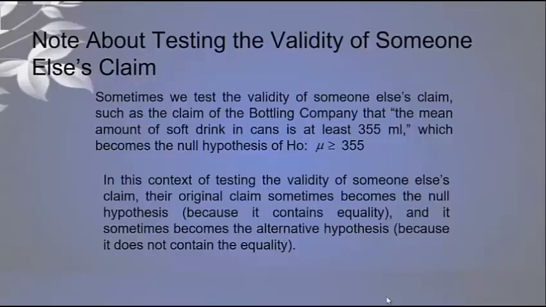In this context, their original claim sometimes becomes the null hypothesis because it contains equality, and it sometimes becomes the alternative hypothesis because it does not contain the equality. So this means that the null hypothesis contains equality, while the alternative hypothesis does not contain equality.